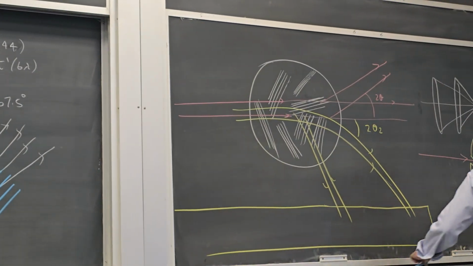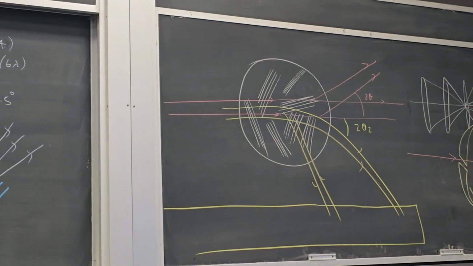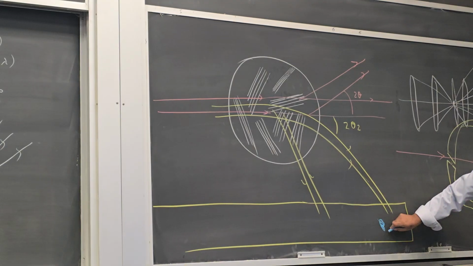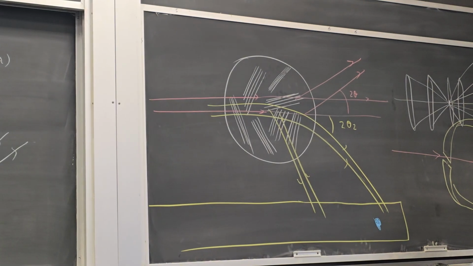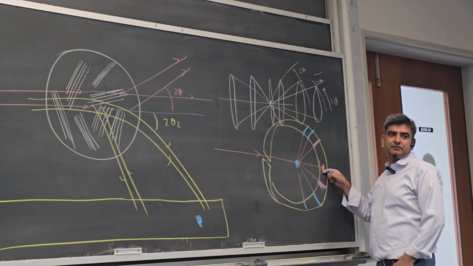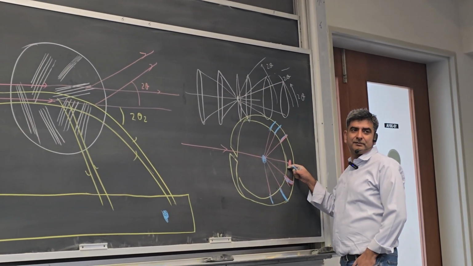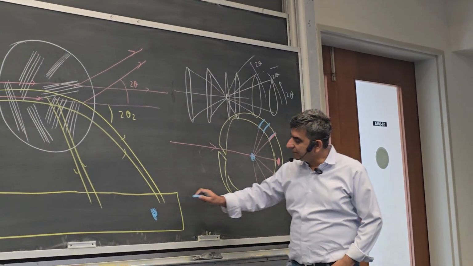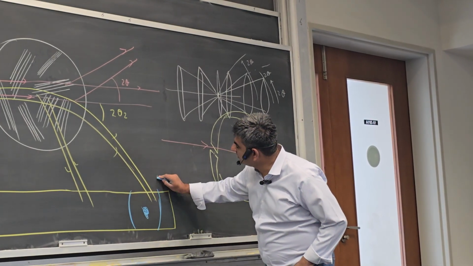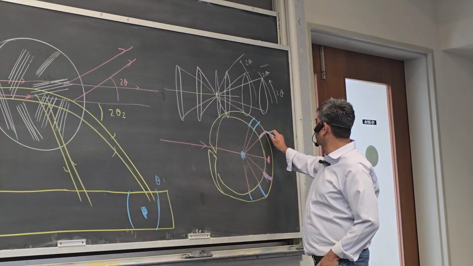then corresponding to this exit pupil, I will get a bright spot here that defines my theta equals 0. This will be theta equals 0 degrees. Correct? And I will get some ring here corresponding to theta 1, this one.